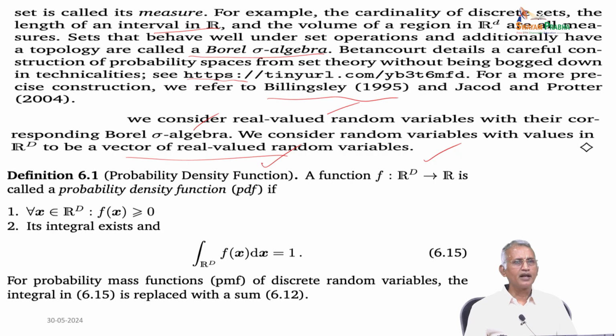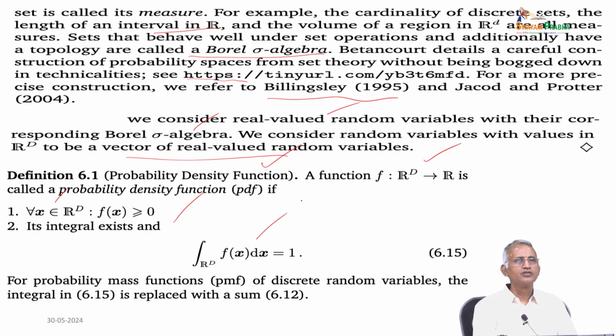The first condition is that for all x in R to the power d, f of x is greater than or equal to 0. R to the power d is the volume of the region, and you take an interval in the set of R. Whatever the value of x in R to the power d, f of x is non-negative, and the integral of f of x over R to the power d is equal to 1.